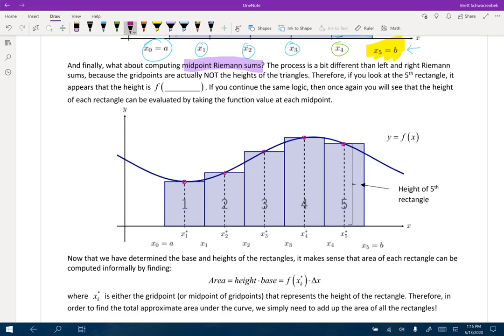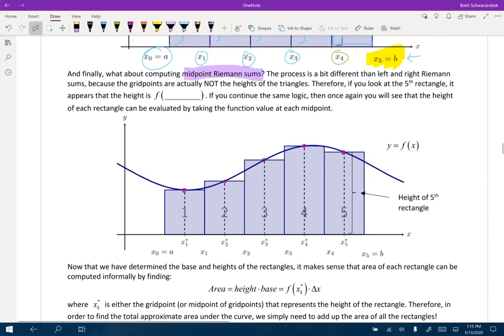This can be a little bit tricky, but just realize that it's very algebraic in nature. Let's say we again isolated this fifth rectangle right here.